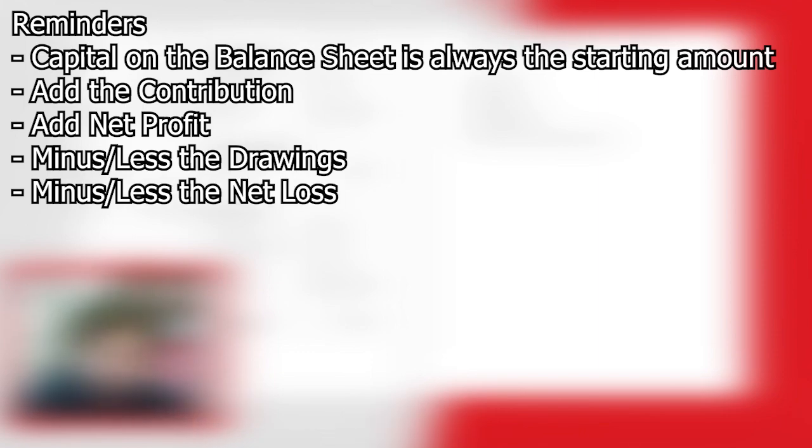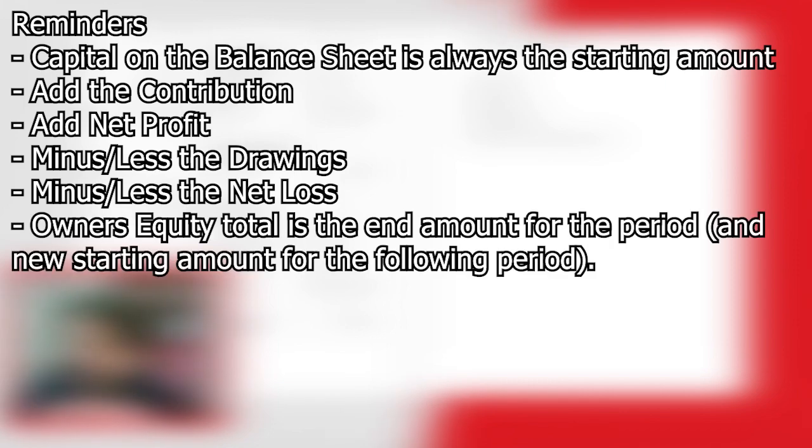If it's a loss instead of profit, obviously you will minus it, and you'll be given a new number that says this is the current amount of capital. And the interesting thing is that capital, that 21,880, the following year, so if we do another one at December 31, 2026, that 21,880 is the new starting amount.